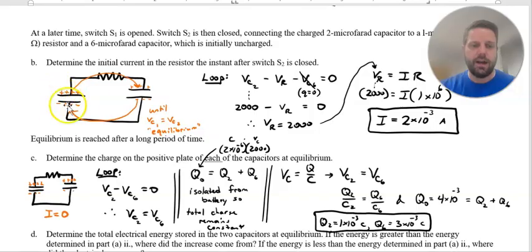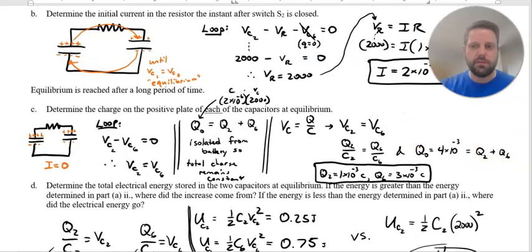Right now it's high voltage here versus no voltage, so it's going to start to throw charges over to it. When charges move over, it creates current, and that's what we're calculating right here. That current's going to change as the charge on this capacitor accumulates over time, and eventually there will be no current once we reach its steady state full charge.